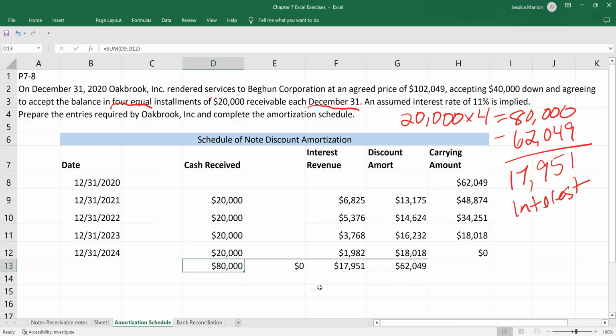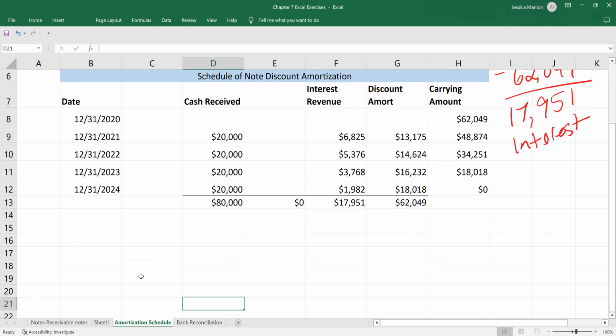Now, it's really easy to do the journal entries when we're looking at this discount amortization schedule. For example, on December 31, when we initially accepted the note, we would have debited cash for $40,000. Remember, they made a $40,000 down payment. We would have debited notes receivable for the entire amount of the note they were going to pay us back, $80,000, that's the 4 payments of $20,000 each.